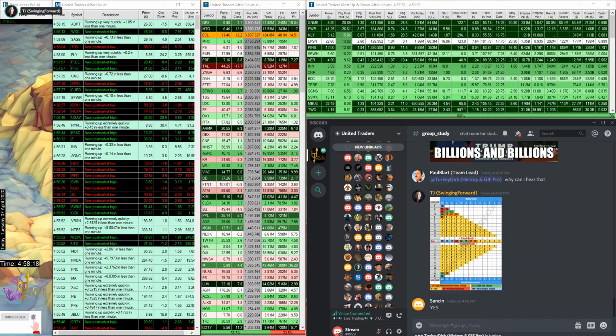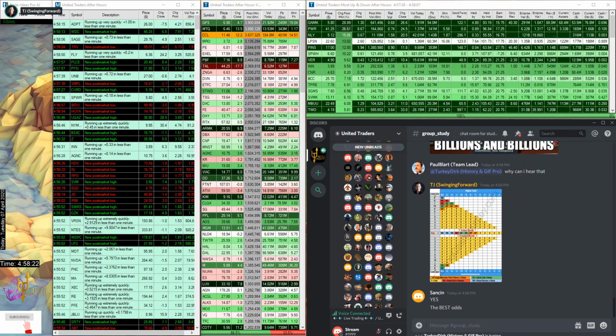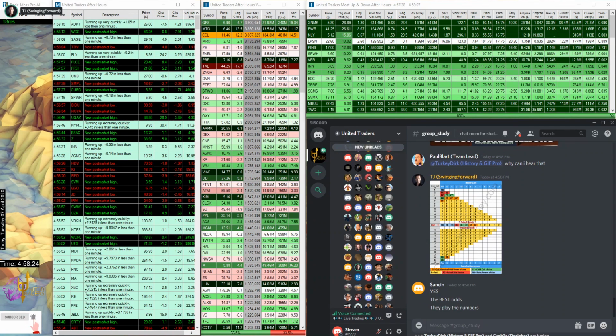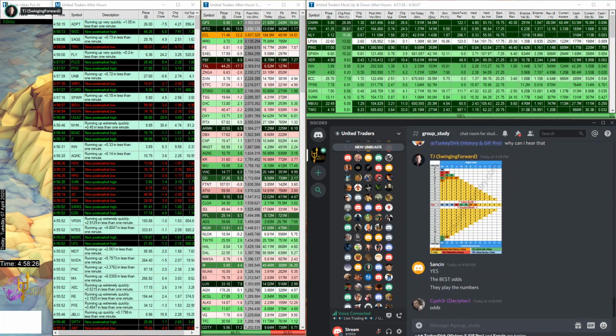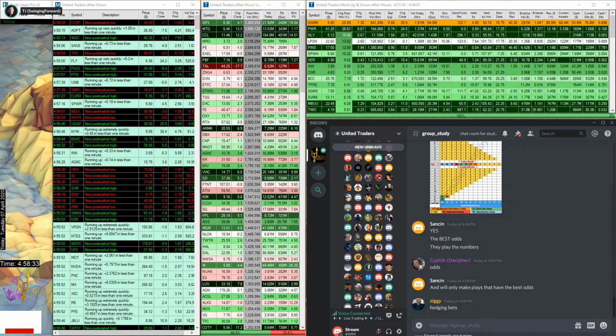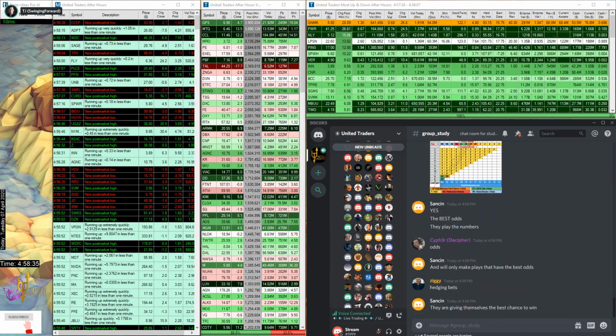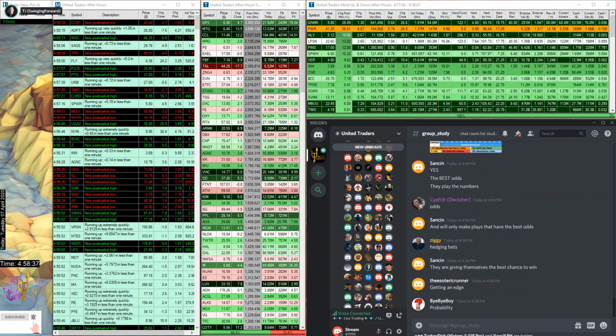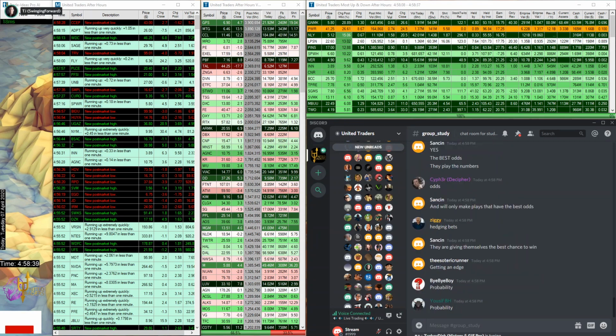Why would they memorize what they should be doing on this? This is like the pre-flop strategy because you have your best odds. So, what are they doing? They're taking the necessary steps to play the best hands, right? They know when they have an edge, right?